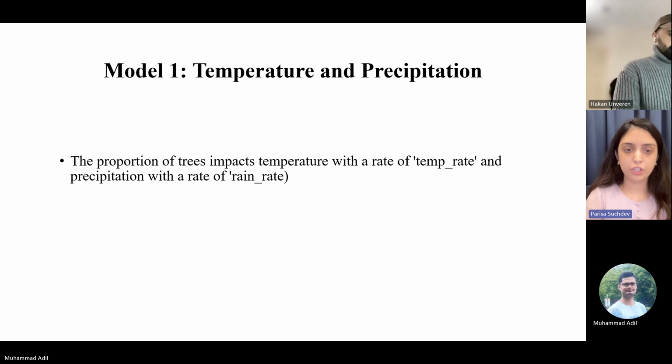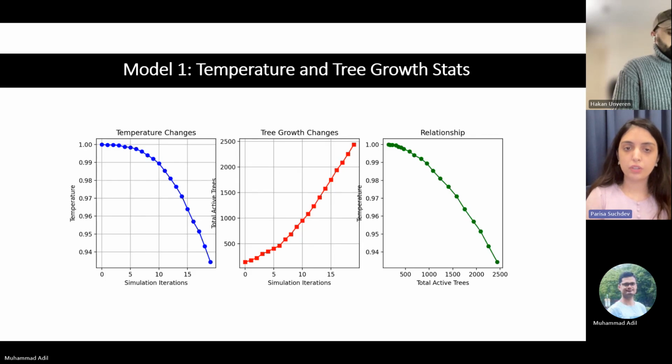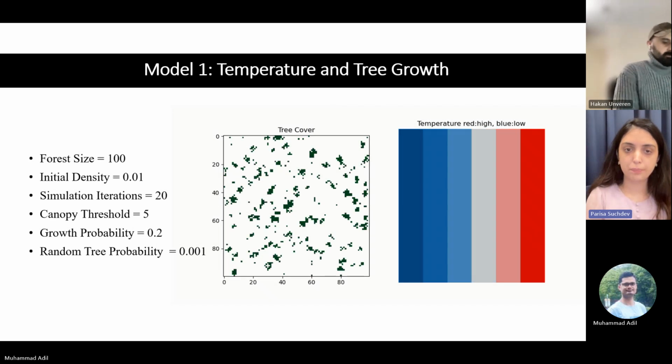We are going to see the impact on temperature through the temperature rate, how fast it changes, and the rain rate. Looking at temperature and tree growth, when the proportion of trees increases, the temperature goes down. When the total number of trees is high, the temperature is low, which defines an inverse relationship.